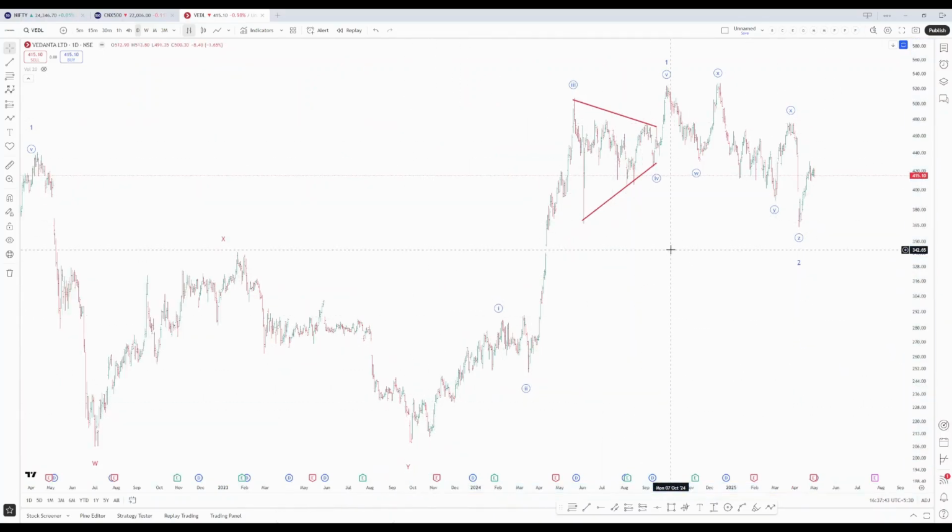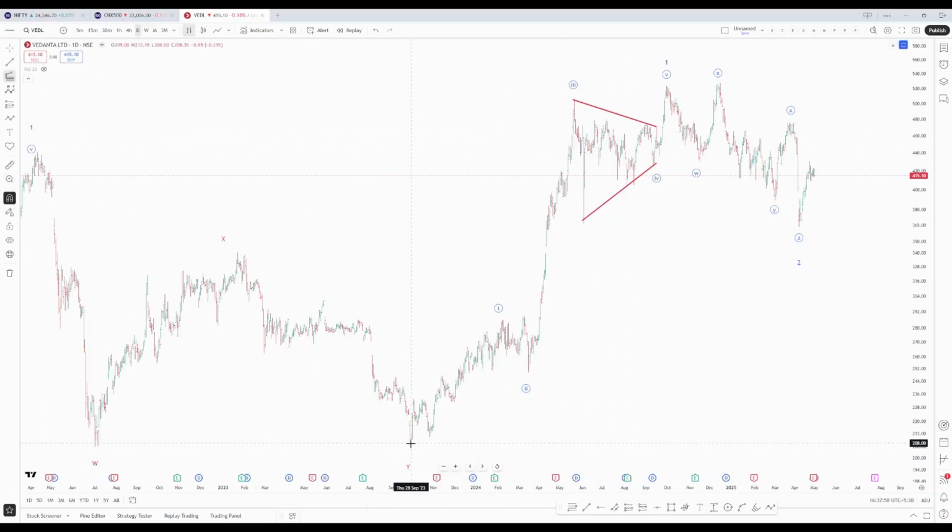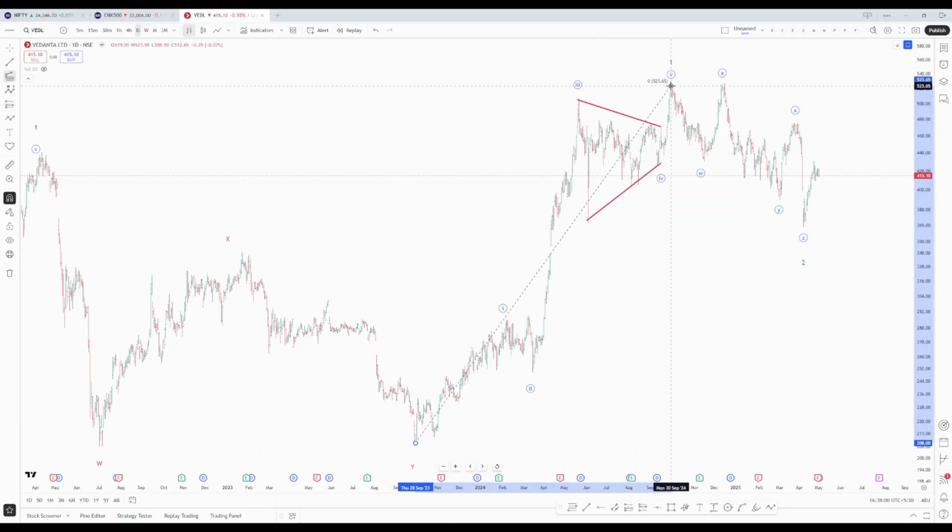How much would that upside be if that is the case? Conservatively, we will take the equality in wave 3 of wave 1. We will use the trend based Fibonacci extension, from this whole wave 1, assuming this is the wave 2 low.